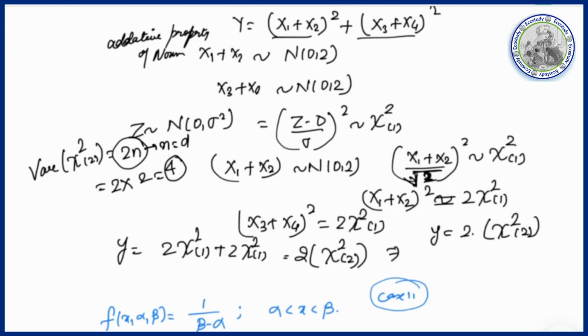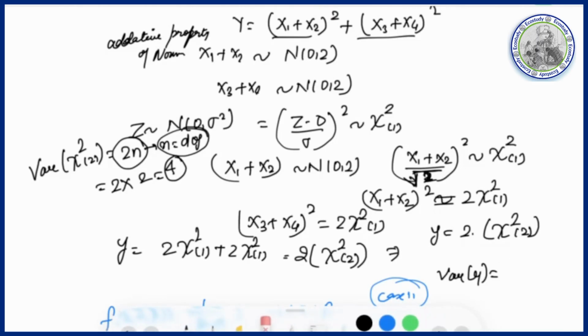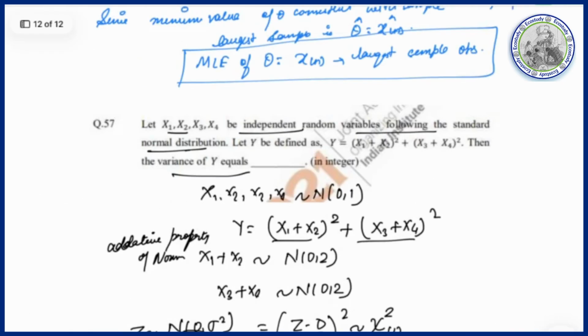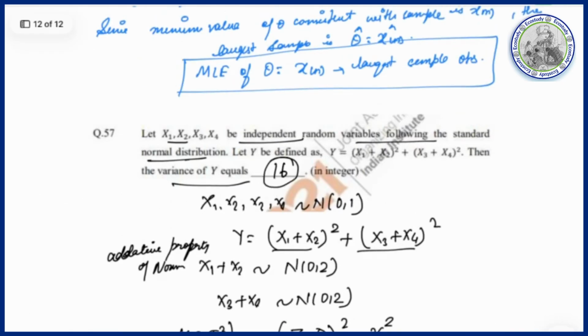So the variance of Y: when you take the variance, the 2 becomes 4, times 2n, that is 4 into 2 into 2, that is 16. So the correct answer is 16.